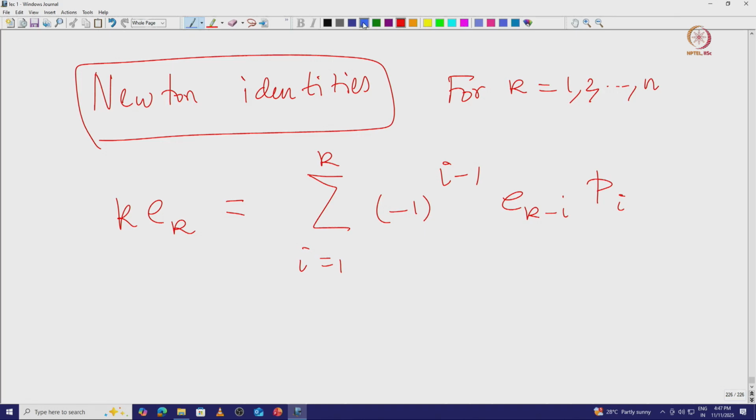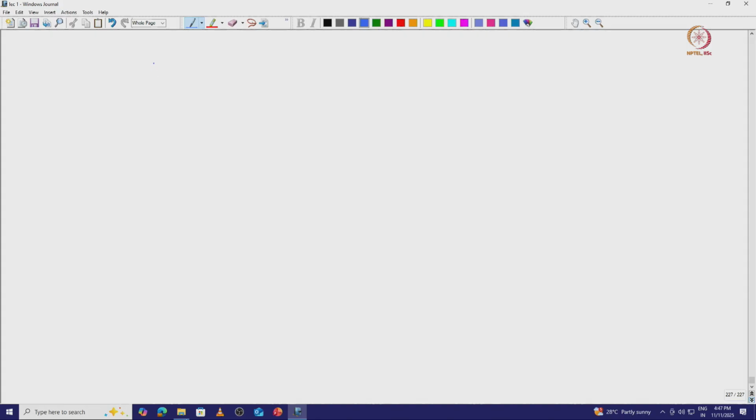For example, E 1 is exactly P 1, and then E 2 is P 1 square minus P 2 divided by 2, and similarly E 3 is P 1 cube minus 3 P 1 P 2 plus 2 P 3 divided by 6, etcetera.